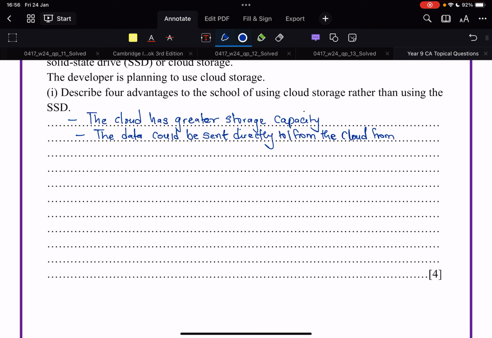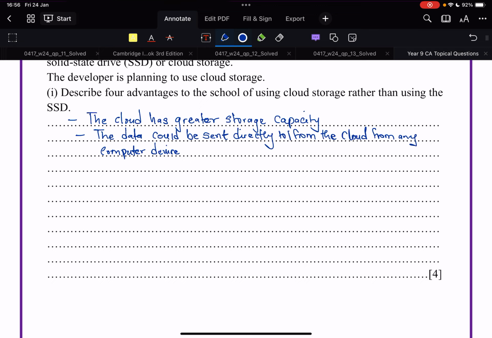From any computer devices. Okay, so that's another beauty about using the cloud. It can be sent directly from the cloud from any device.